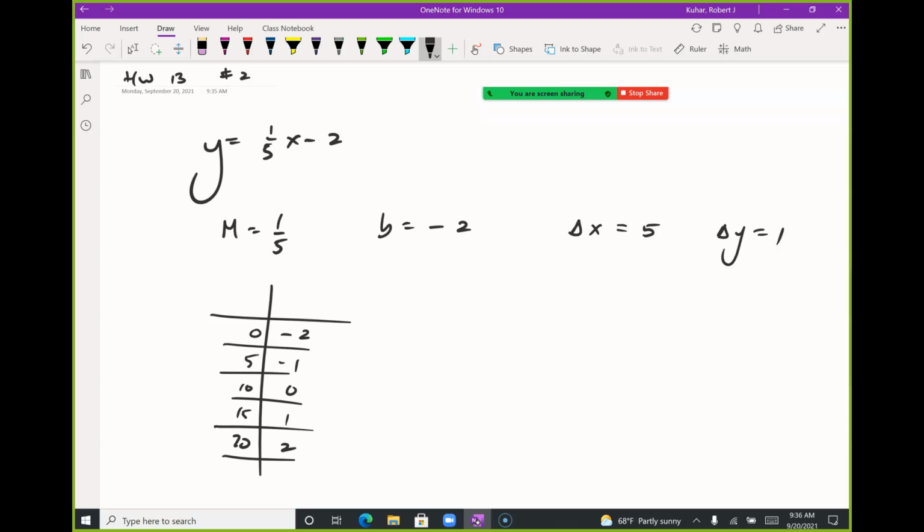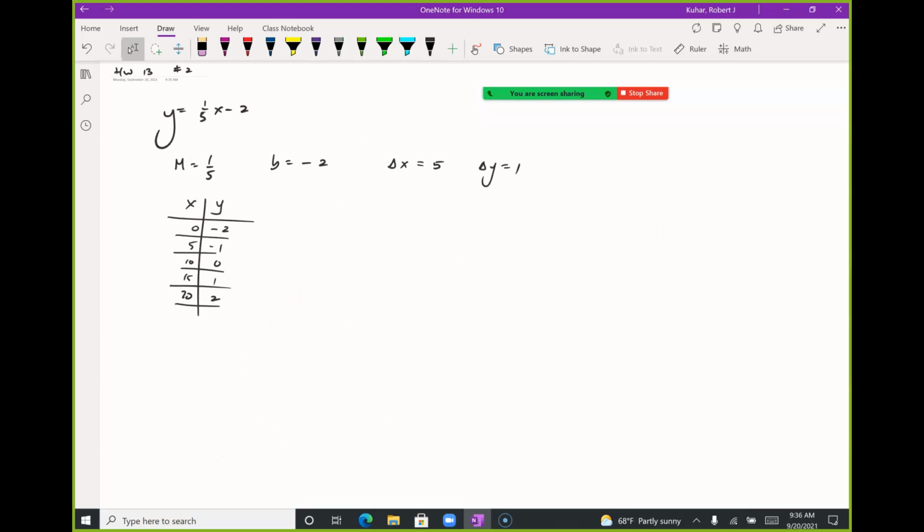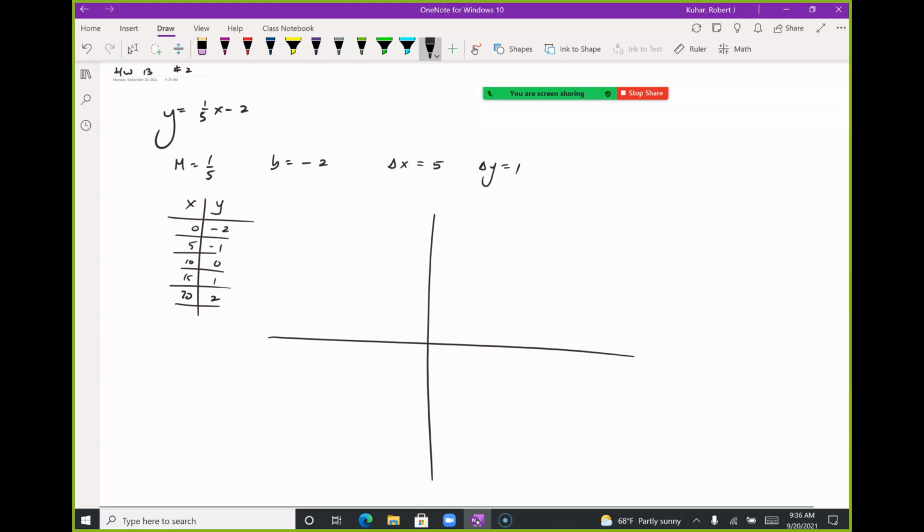So a real easy way to generate a table for a linear is to move your x's by delta x. Delta x we always make positive, and then delta y will either be positive or negative depending on the sign of the slope. But when we graph it, we certainly know we're starting at 0, -2, and I can pick any of those points, or I could walk the line.